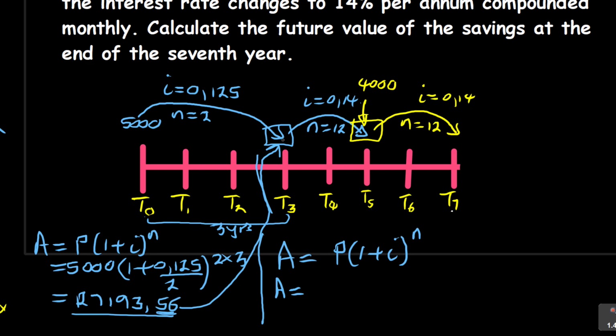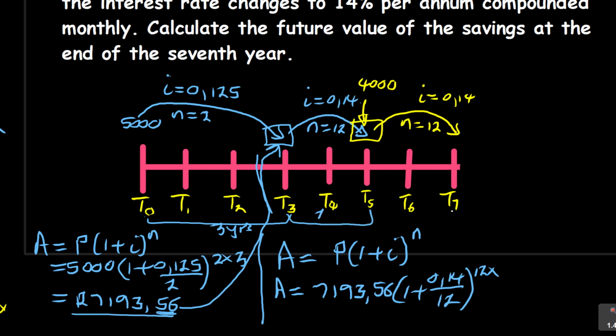Now, when I go to the bank after 3 years, I'm going to find the new P, which is 7193,56. Bracket, 1 plus I, the new I now, 0.14 over 12. The moment you divide by 12, you multiply by 12. But how many years? From T3 to T5, where they deposited the new 4,000, it's 2 years. So T3, T4, T5. So you multiply by 2.